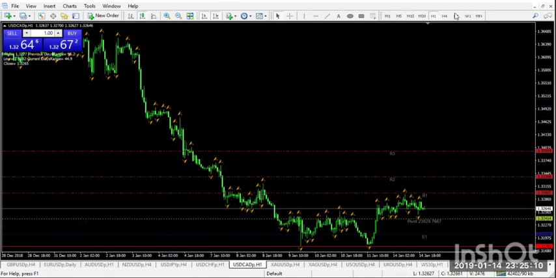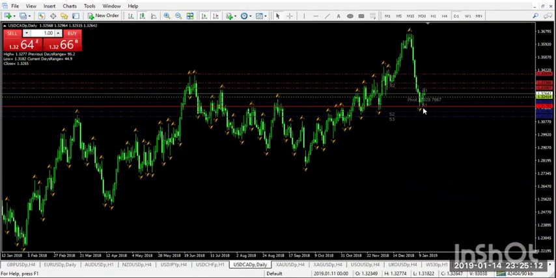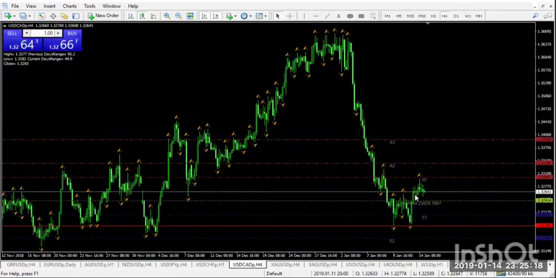You see, this market has been started from here today. So this is today's market. And it changes and updates every day. It hasn't broken the central pivot.